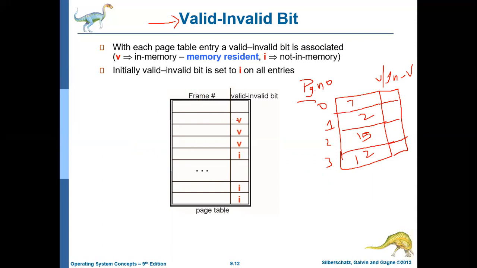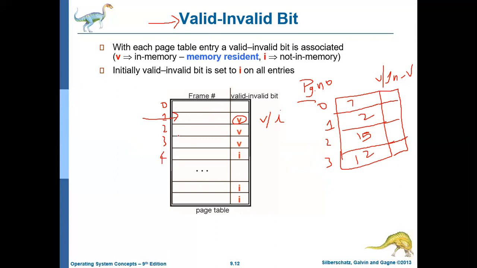The valid bit will hold either V or I. V represents valid, I represents invalid. This is the frame number, this is the page number: page number 0, page number 1, 2, 3, 4, like that.